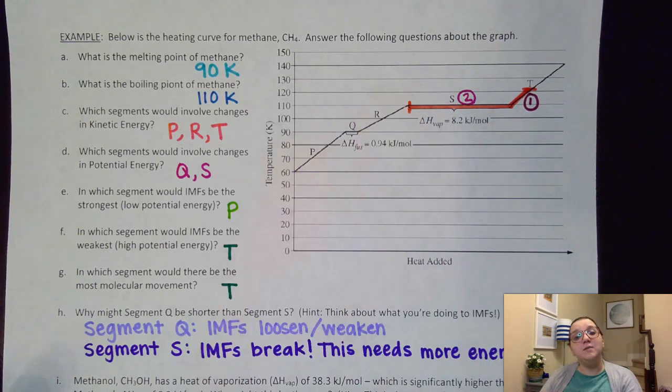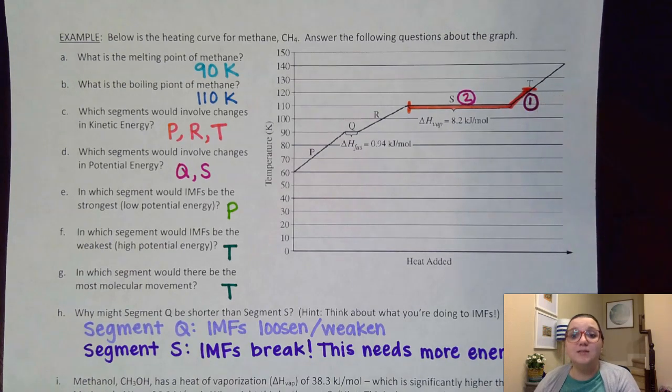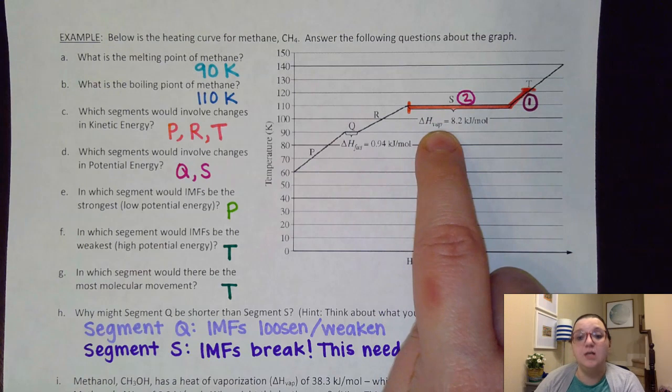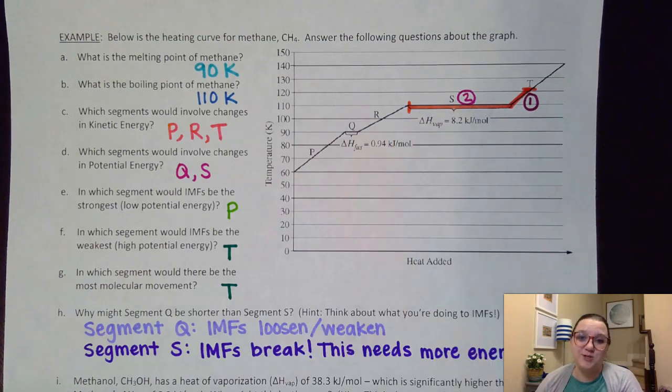And so because I'm going through 2 segments on that graph, I'm going to need to do 2 calculations. For segment 1, I would do an MCΔT calculation because I have a temperature change there. On segment 2, I'm going to use the heat of vaporization because this is where I'm vaporizing and condensing, depending on the direction I'm going.